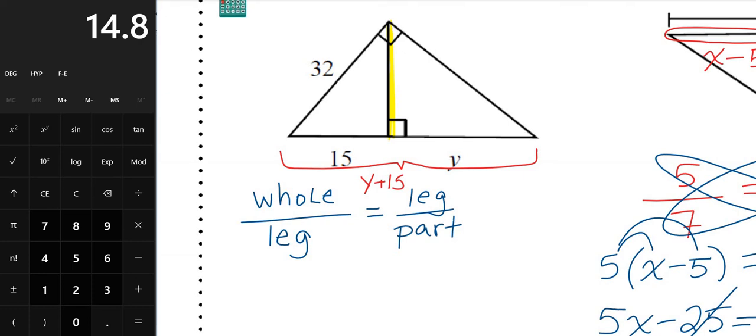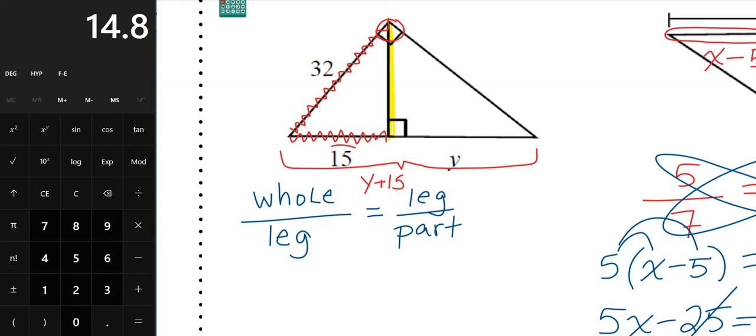And then the leg is one of the two legs that makes up the right angle at the top here. So the leg that they gave us is the 32. So I'm going to use the 32 as my leg. Then you repeat that leg again, 32, and then it says part. Part means the part of the hypotenuse that's touching your leg. 15 is touching the leg that's 32. Y is not.